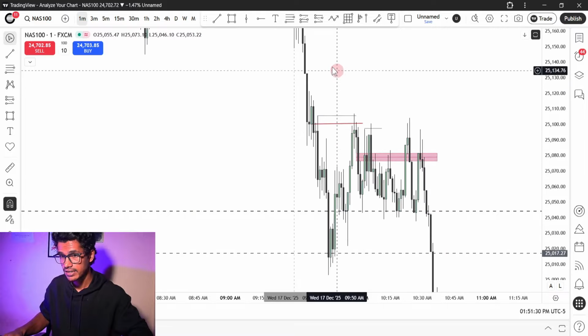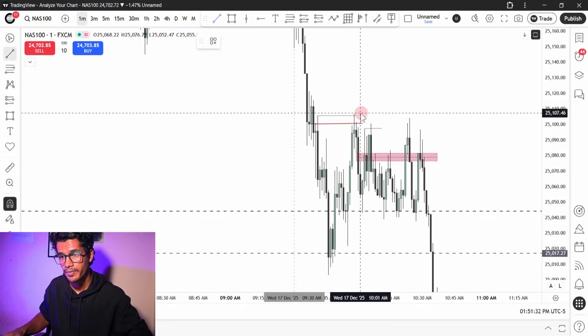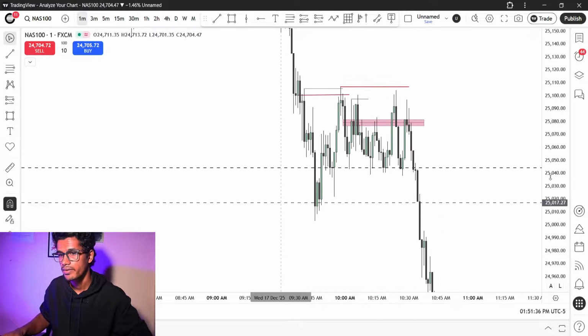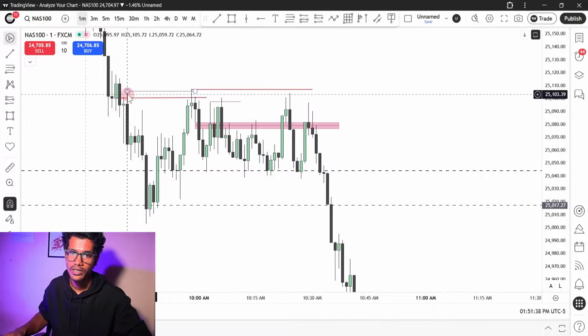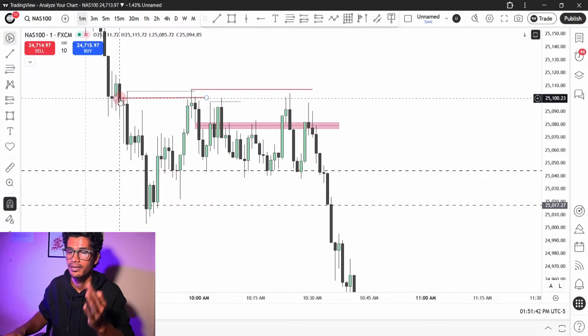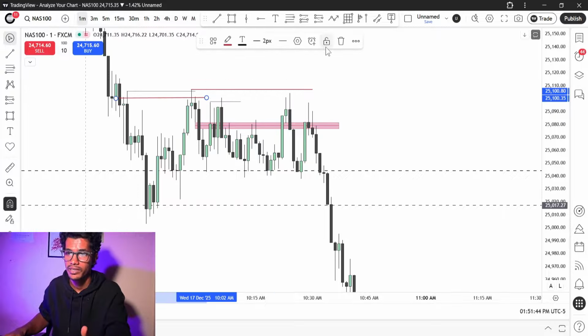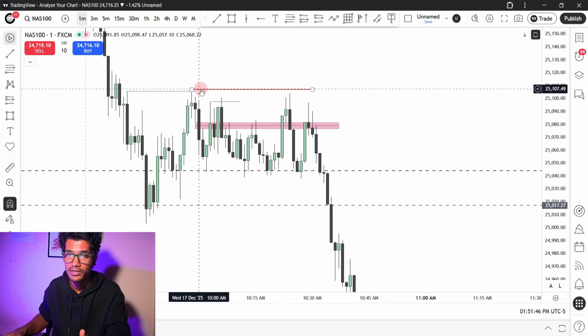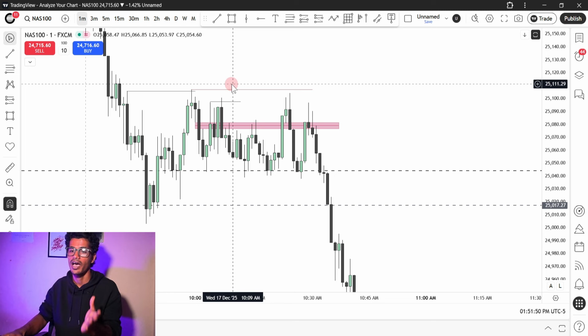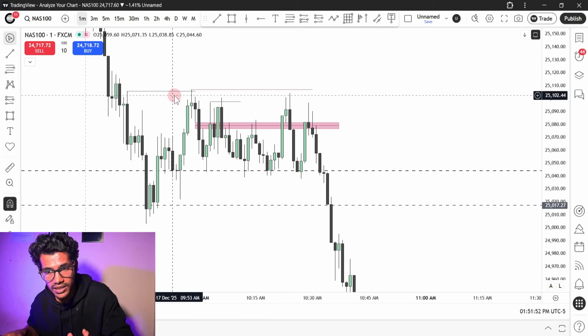You can see price didn't sweep this high when we went down. Why? Because we already took out late sellers out of the trend. So we don't need to go up there and take out this high. That becomes a protective high for me. We're not going to take out that high.